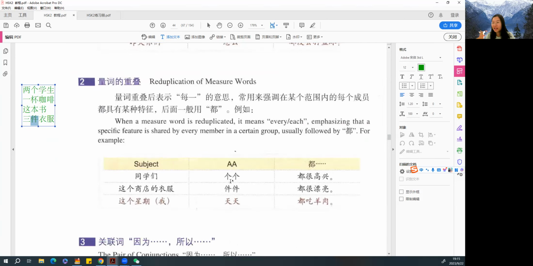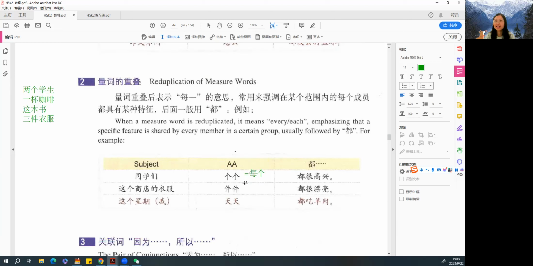So here it's no longer 一个, 两个, 三个, right? So it's 个个, which is the same as what we have learned already, 每个. Remember this one? 每个, 每天, 每周, 每年, every year, every day. Remember this 每. So these two are exactly the same.